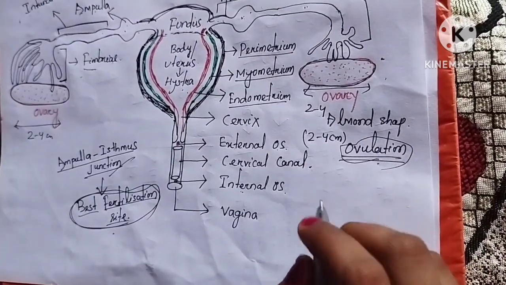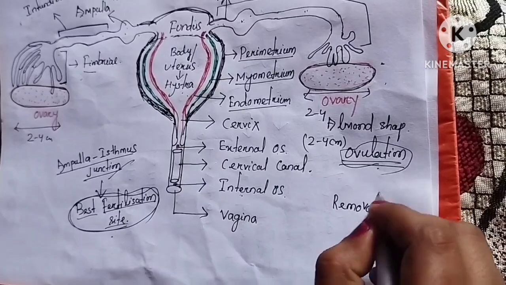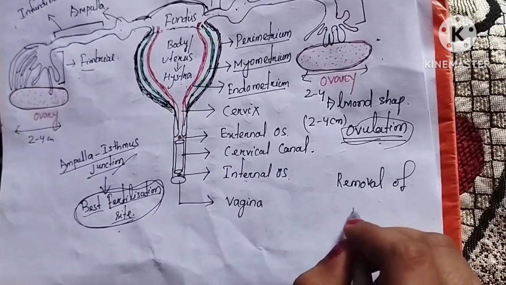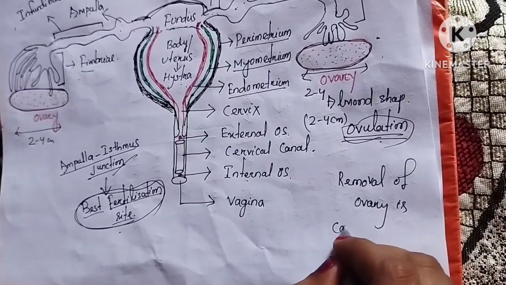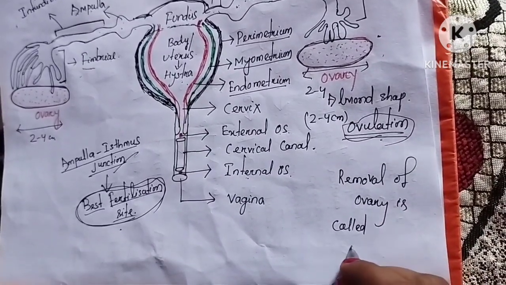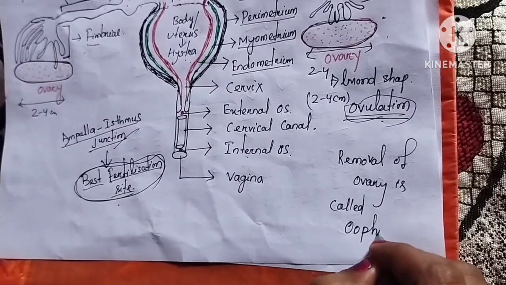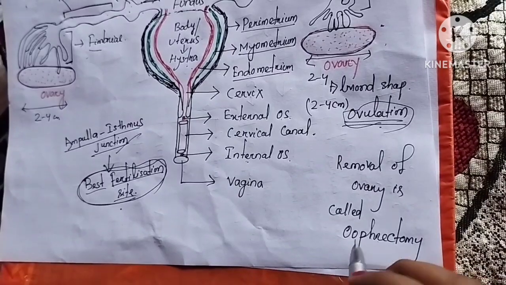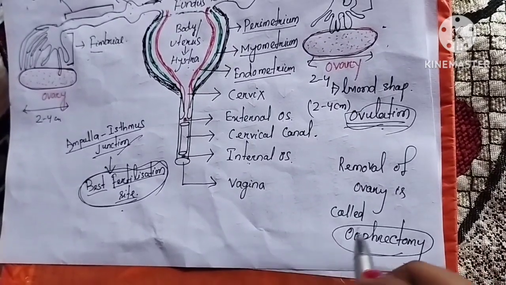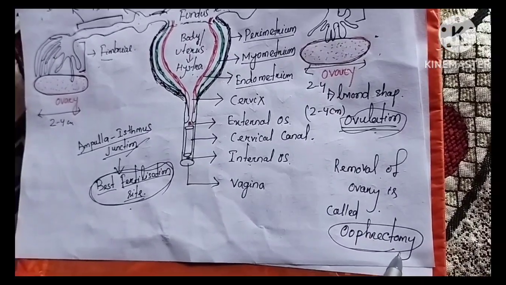The removal of the ovary is called oophorectomy.